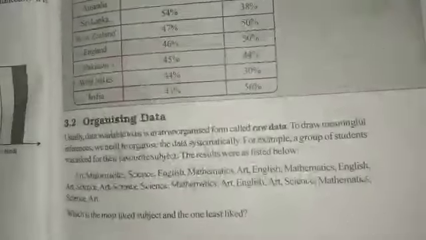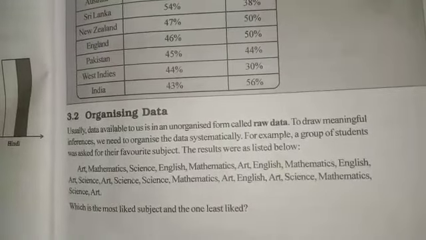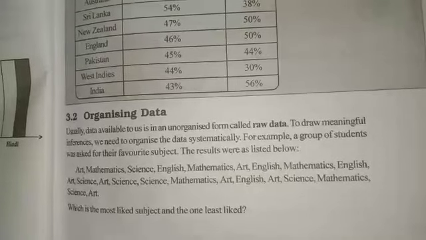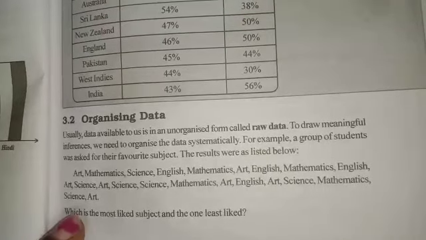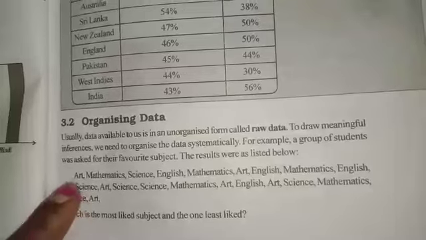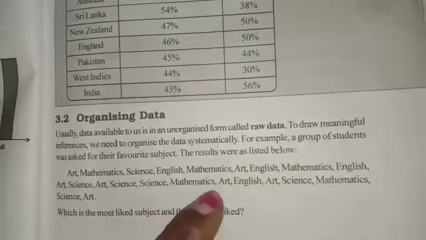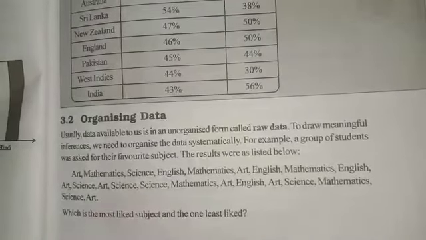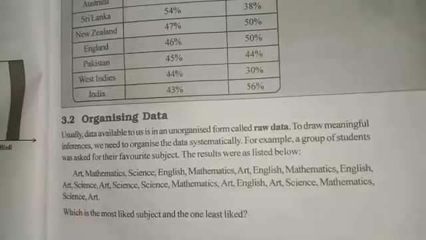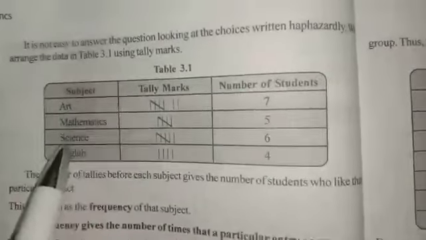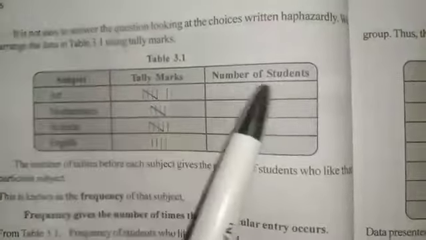Now we are going to see the frequency distribution table for ungrouped data. They have given the subjects, art, maths, science, English, maths, art, that is, which subject students like. What we have to do is write the subject in the first column, then tally marks, and then the number of students.